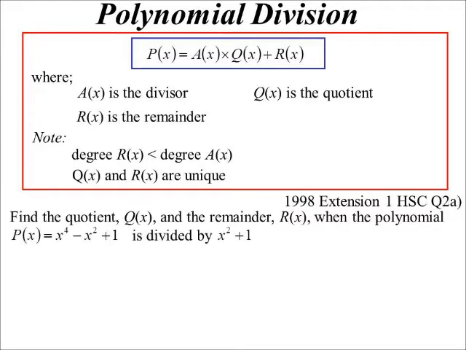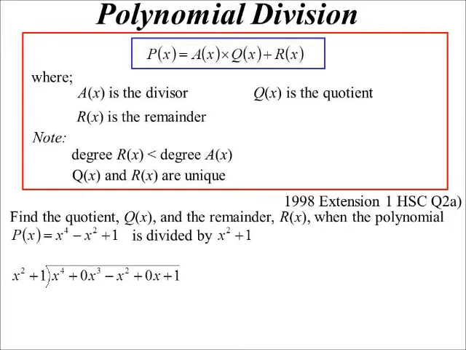So let's look at an example, a very old example. 1998 HSC. Now, when we set up the division, you'll notice what I'm dividing into, I've added a couple of terms. Those missing terms, I write in 0x cubed and 0x. It's just so I've got the columns to line up when I do the division. And when you are actually dividing, really you're only dividing the leading term by the leading term.